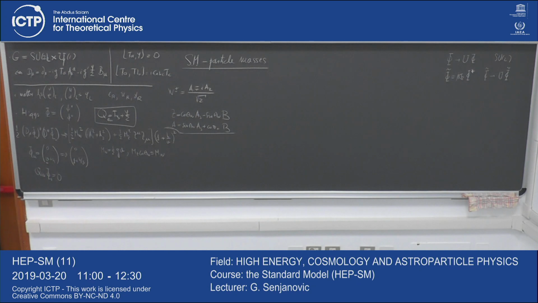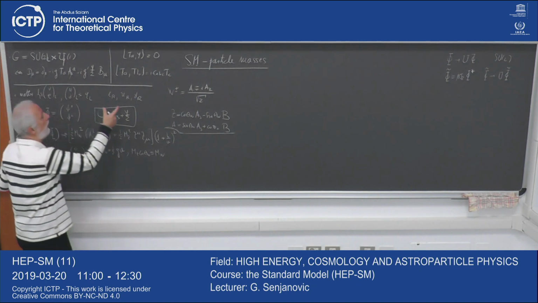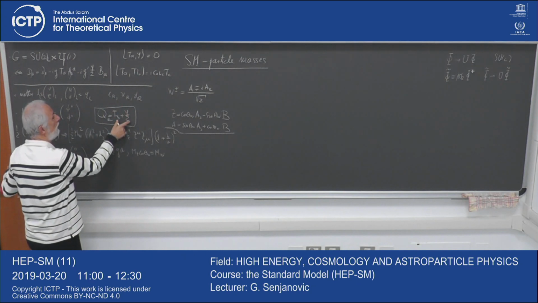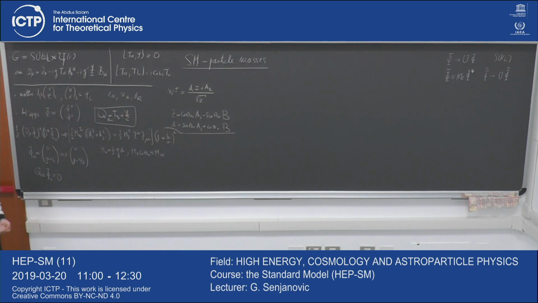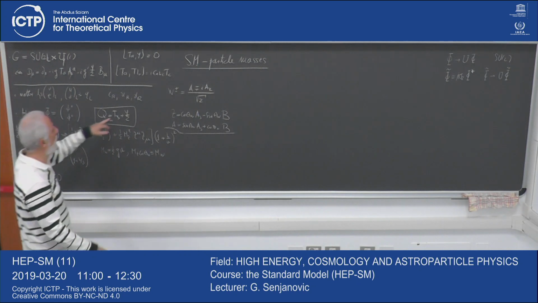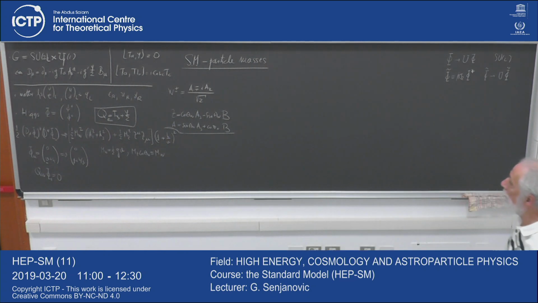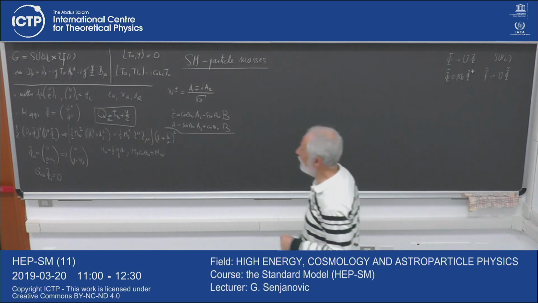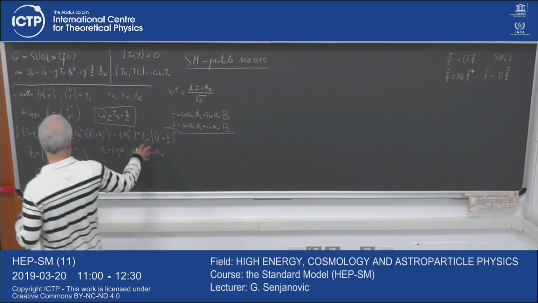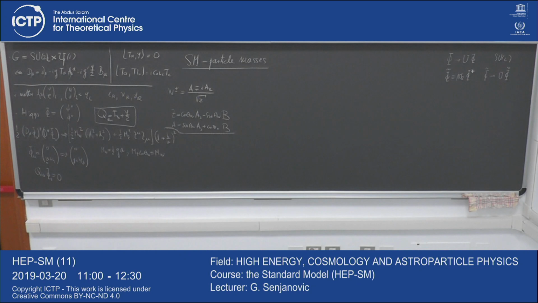One linear combination will always end up being that because I have two diagonal generators, and therefore one linear combination must be preserved, which depends on how you write these coefficients. Okay, this is here the essence of the gauge boson and Higgs structure. It's in these few formulas. Of course, there is a lot of physics.